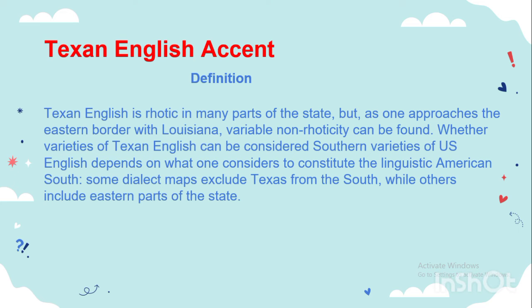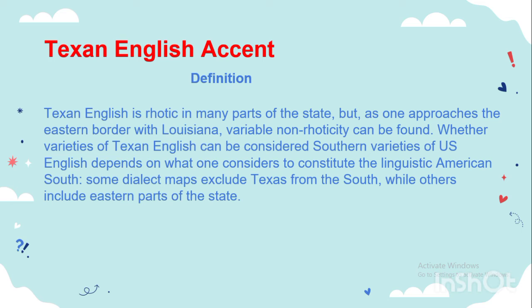Defining Texan English. Texas is a Western state said to be larger than France. It is therefore unsurprising that there is much variability within Texan English. Many educated Texans speak both a Texan variety of English and General American, depending on the context of utterance.